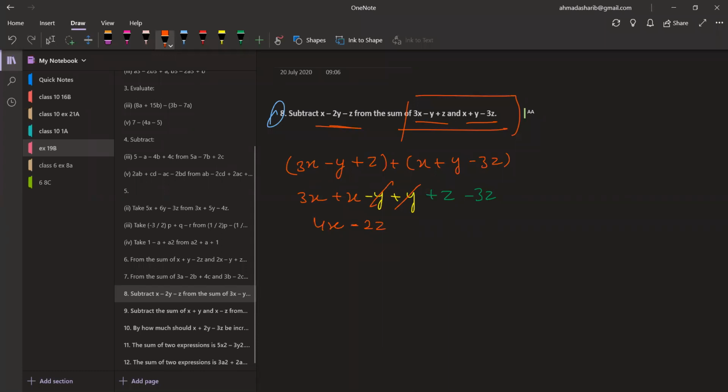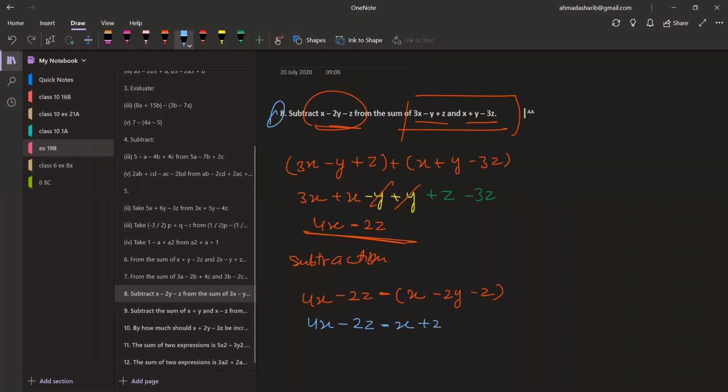Now what you have to do, you have to subtract this from this. तो from के बाद वाला पहले होता है, तो subtraction में क्या करेंगे? Subtraction, first you will write this 4x minus 2z minus, in bracket, x minus 2y minus z. Okay, so you will write 4x minus 2z minus x plus 2y plus z.